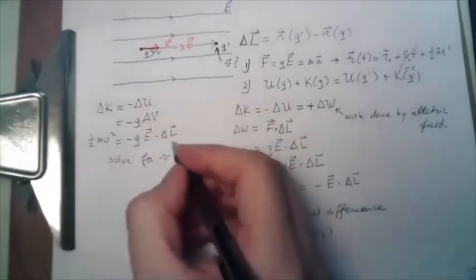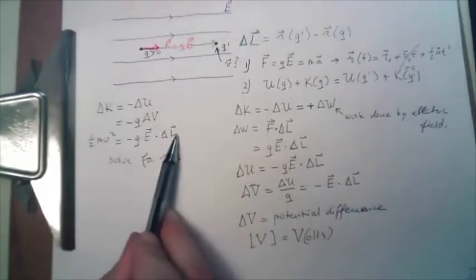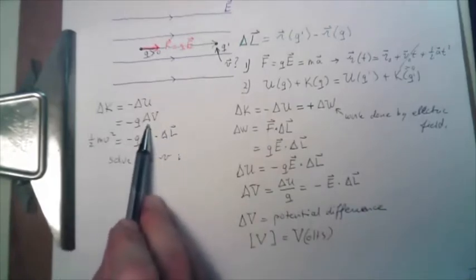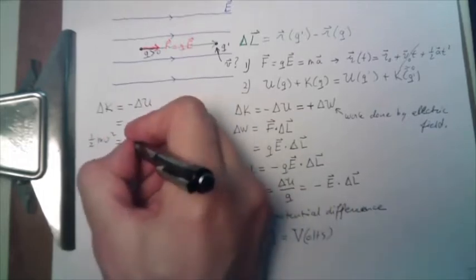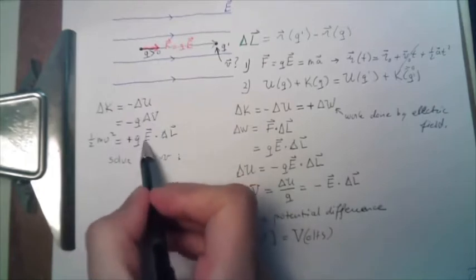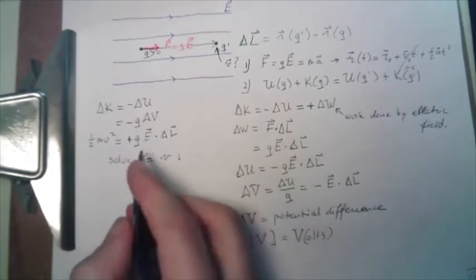Oh, there's a minus and a minus. Yeah, there we go. Minus. So delta V and E are related through a minus sign. That's important.